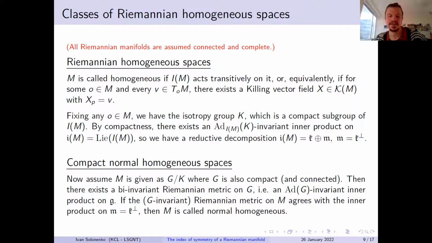No. The analogy here is not with the symmetric spaces. In general, you can do the same construction G mod K, where G admits a bi-invariant metric, and you induce the Riemannian metric on your quotient from this bi-invariant metric on G, and G doesn't have to be a compact Lie group. There are non-compact ones.